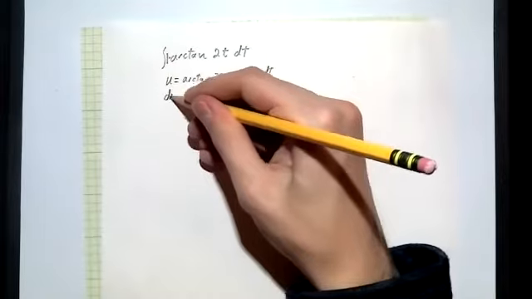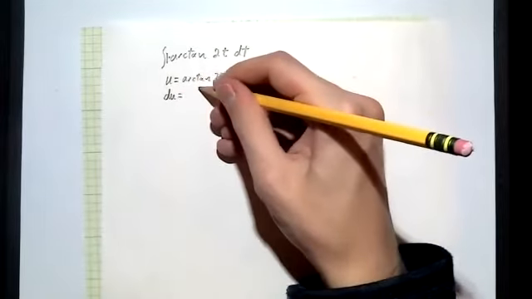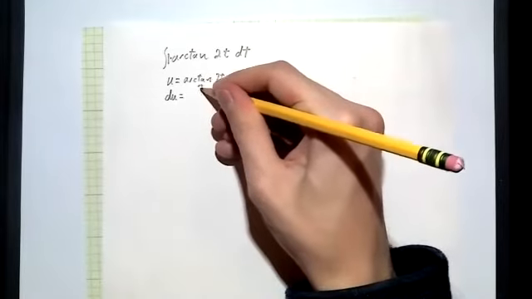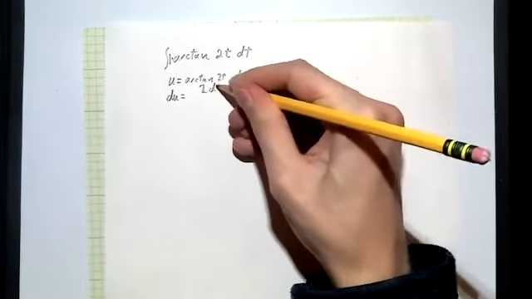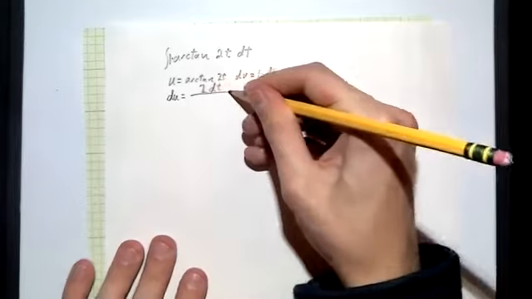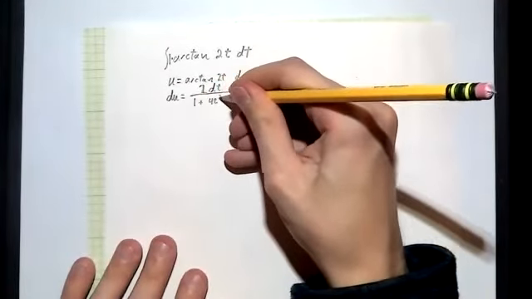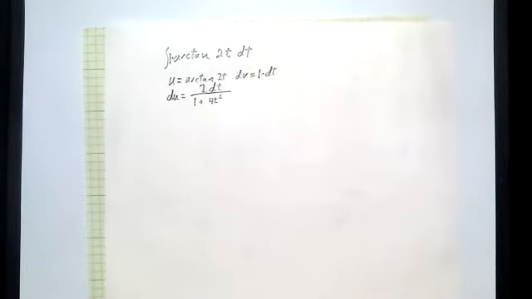Then our du, if I remember correctly, is going to be 2 dt over 1 plus 4t squared. I believe that's correct. You want to do U-substitution there, or does that not matter? I don't think it matters in this case.